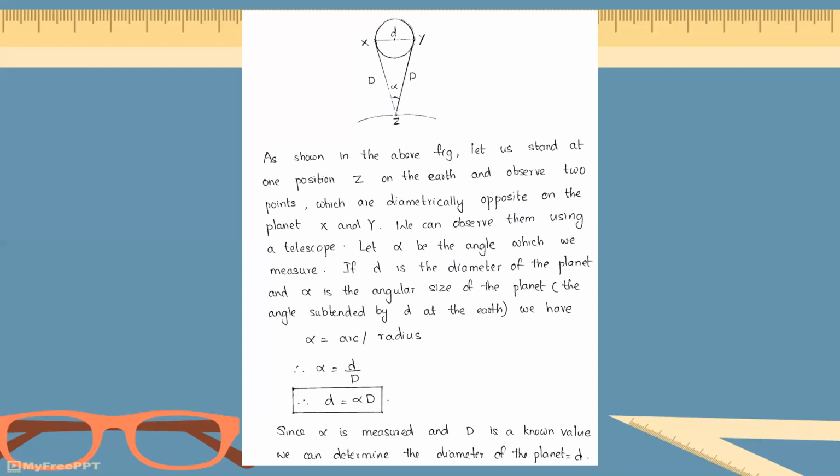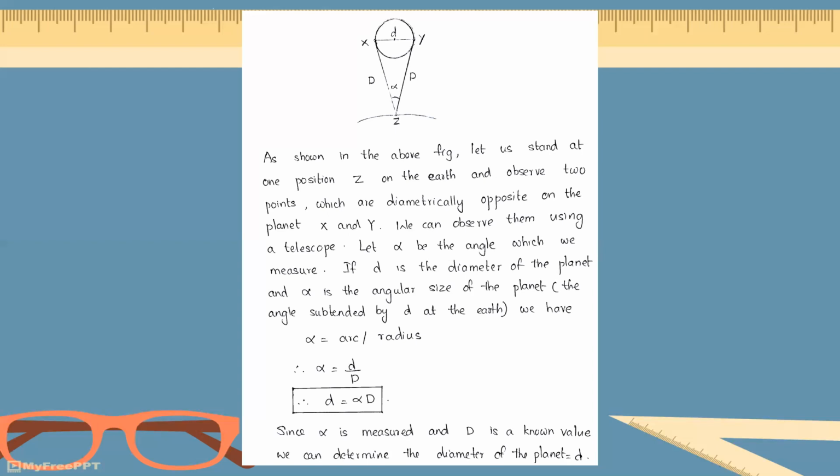Once again, let us assume we imagine a circle whose center is at z, whose radius is capital D, and small d is the arc of the circle. Then alpha is the angle between two radii, that is xz and yz.